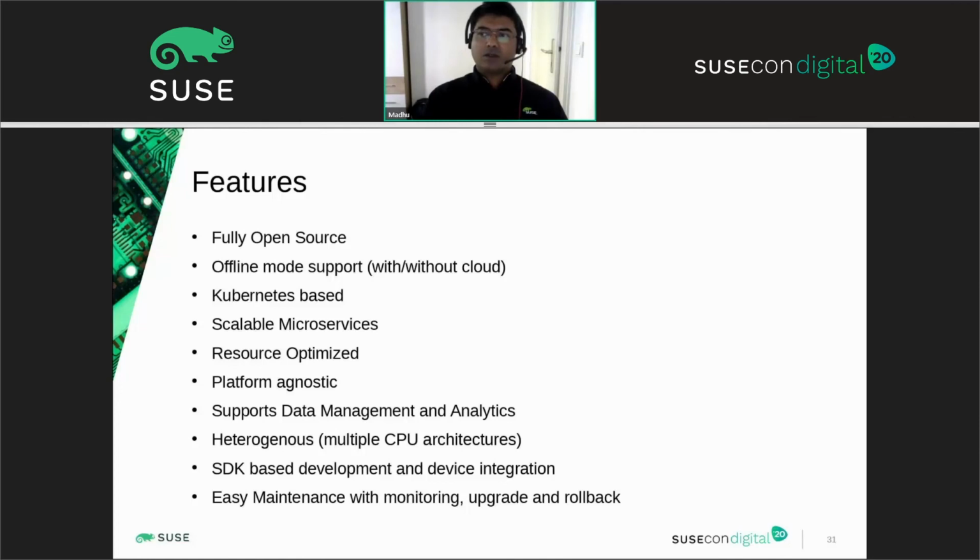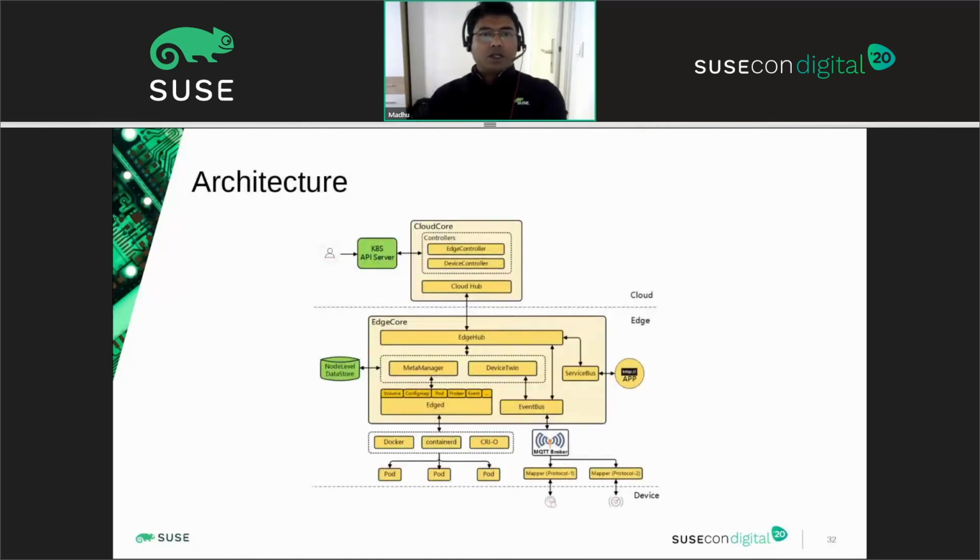It also supports data management and analytics API, so SDK based development. So it's easier to integrate new devices and new services on top of this. So these are the few features which we would like to see in any open source implementation of the Edge ecosystem. So here's a basic architecture.